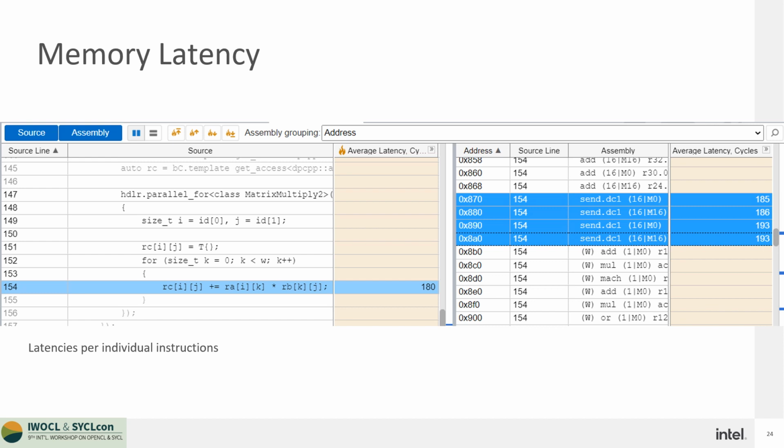But if you switch on the assembly pane, then you'll get the corresponding disassembly view, which corresponds to the selected source line. And then the average latency metric would be given against each instruction which is related to memory access.